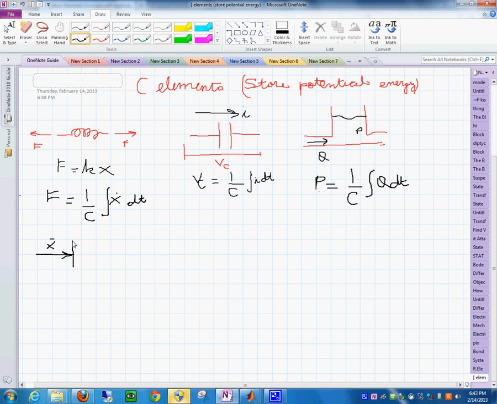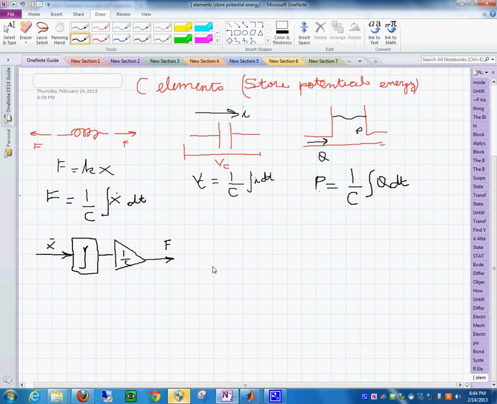It gets integrated once. In Simulink, how do we represent it? Well, why don't we just do it this way? It gets integrated once, and then gets multiplied by 1 over C, and out comes what? F. So this is the block diagram of the C element in this notation.